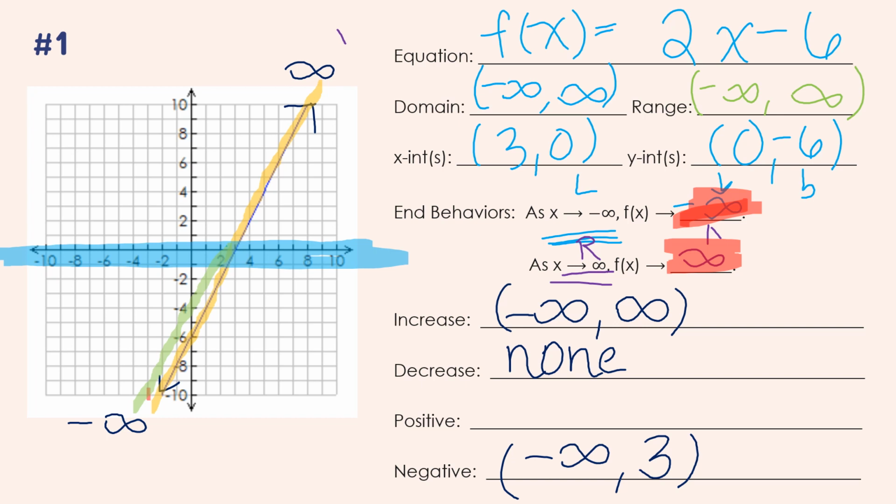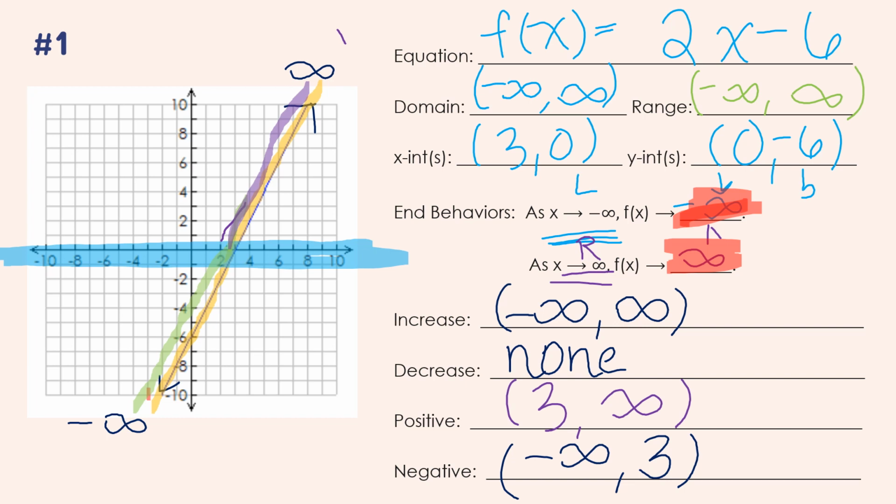So if I pick up at 3 and I keep going, I've got to make my way to infinity. The rest of that line will be above the x-axis. So because it's above, it is positive, and it will be positive from 3 to infinity.